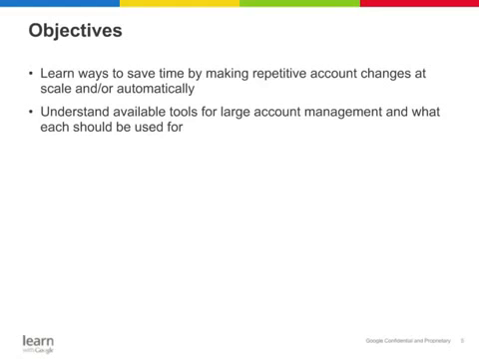It's not efficient and it's not much fun. But after today, we hope you will learn some ways that you can make these repetitive account changes at scale or automatically, and that you can do so using Google Solutions, enabling you to operate more efficiently as your business grows.